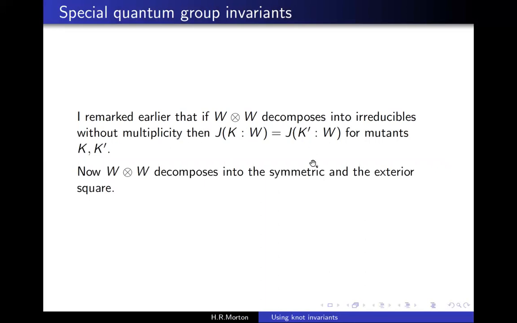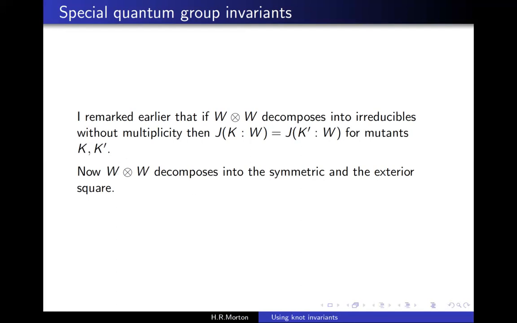It decomposes as a symmetric and an exterior part. And it's interesting that you may have a module where the symmetric part has no multiplicities, the exterior part has no multiplicities, but maybe there is a multiplicity, at worst 2, of a module in W tensor W.